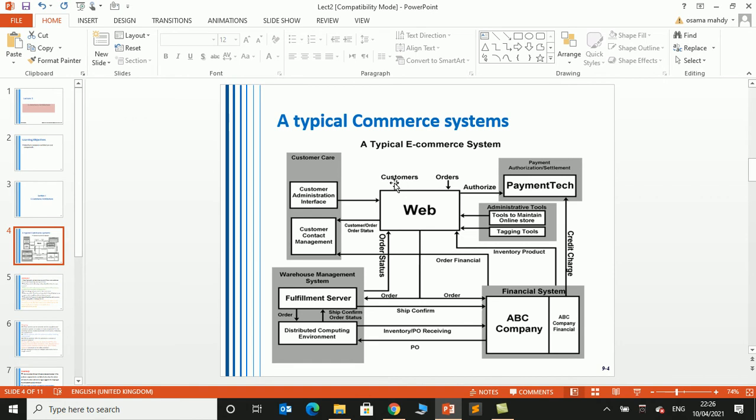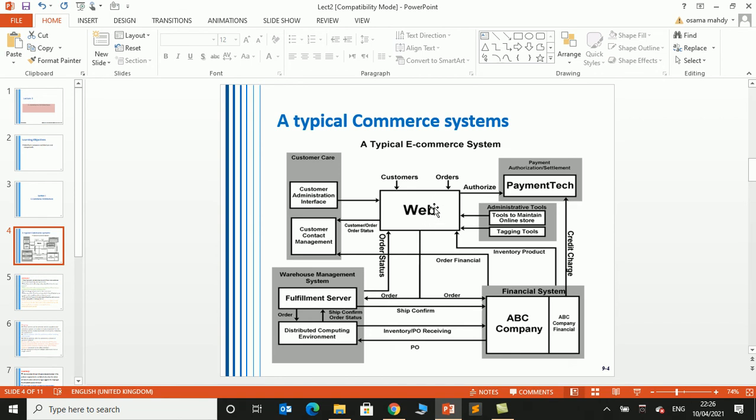The user can enter his orders and this web server can hold or store all details related to customers, including sometimes his payment method and payment details.